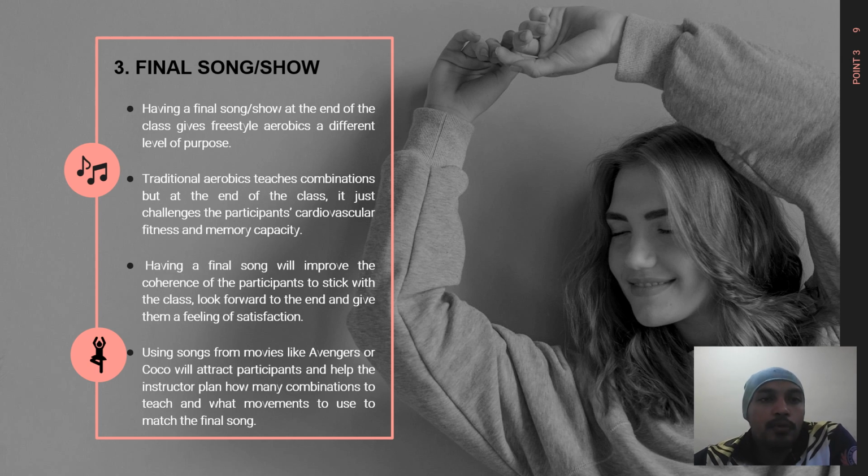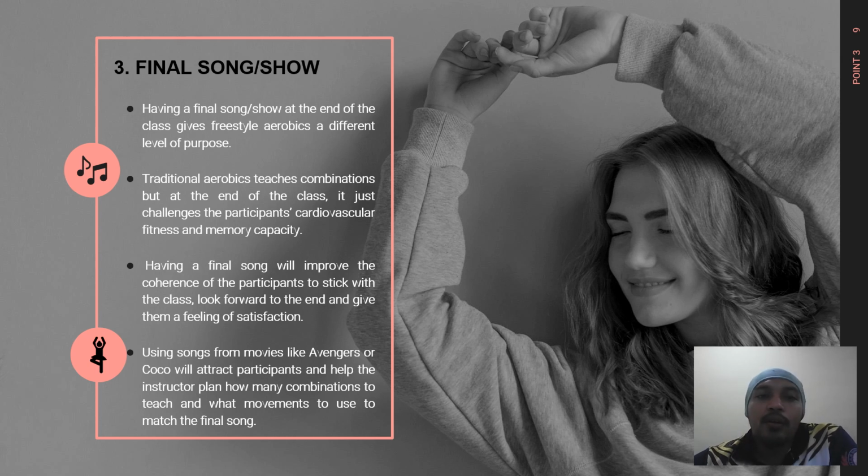Alright, so let's move on to the third point, which is to include a final song or do a final show for your class. Having a final song show at the end of the class gives freestyle aerobics a different level of purpose. Traditional aerobic teaches combinations, but at the end of the class, it just challenges the participants' cardiovascular fitness and also their memory capacity.